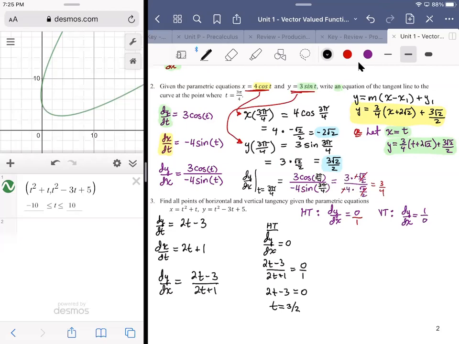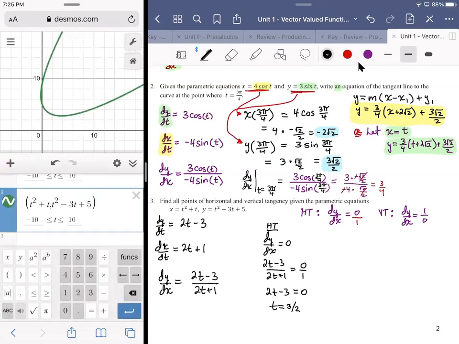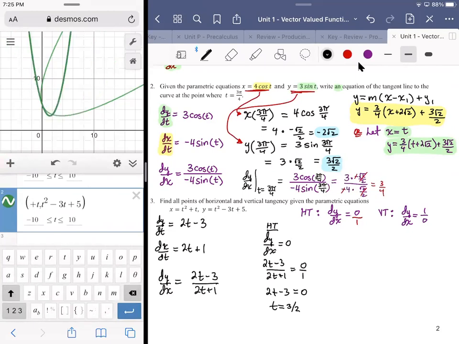I like going with a constant to represent the point, so I'm going to do that duplicate thing. I'm going to replace all my t's with c's. Well, c squared.